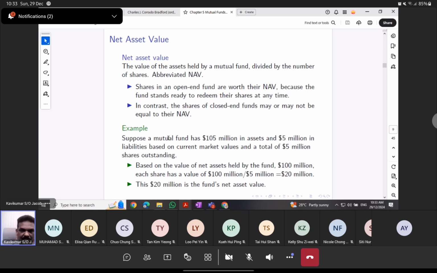See the example here. Suppose a mutual fund has 105 million in assets and 5 million in liabilities based on current market values, and a total of 5 million shares outstanding. So the mutual fund's asset value is 105 million. What are liabilities?